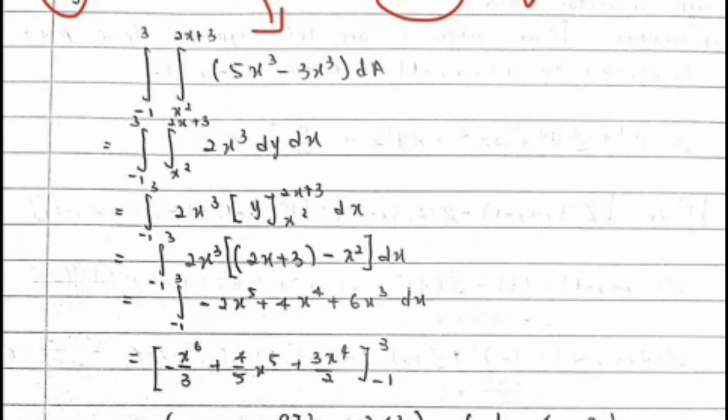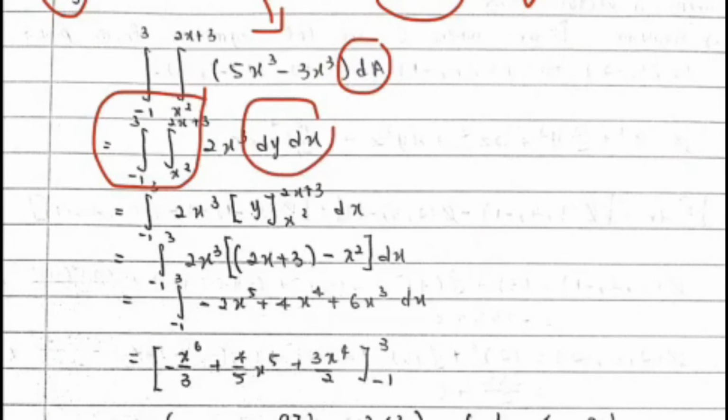Next, for the limit, we know that the limit for y is from x to the power of 2 to 2x plus 3, and for x we got from -1 to 3. For dA, dy has an unknown x, so we put dy inside and dx outside.